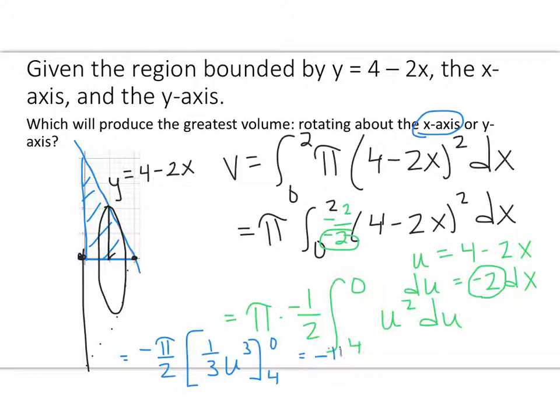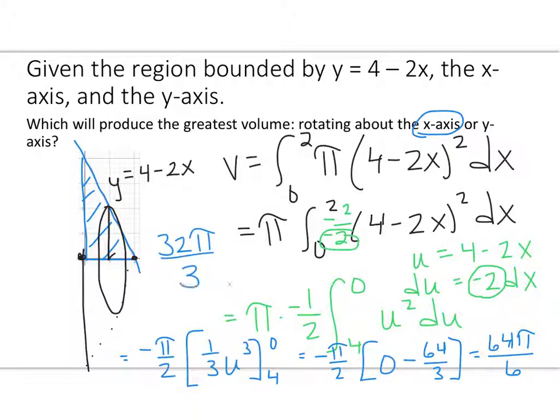So I have negative pi over 2 times 0 minus 64 over 3. So now it's positive 64 pi over 6, and I'm going to simplify that. I'll get 32 pi over 3. So that's my volume when I rotate around the x-axis.